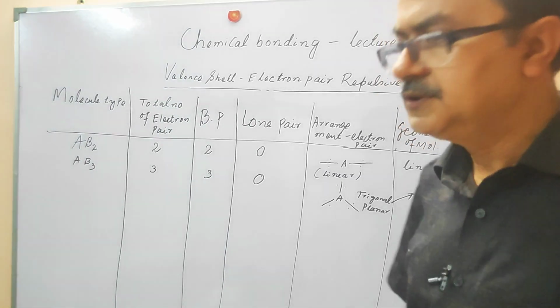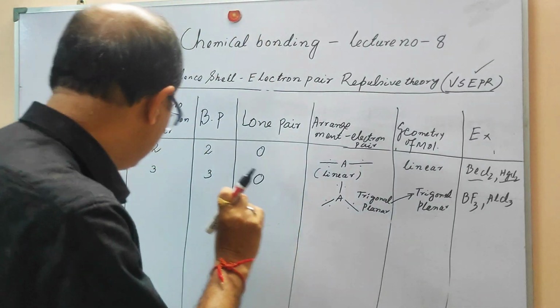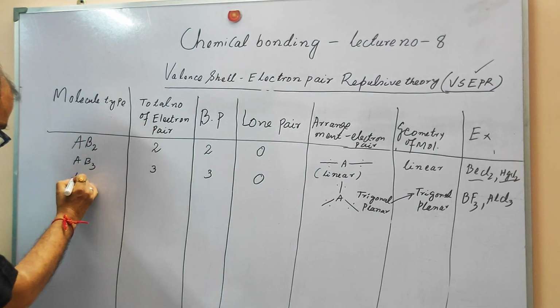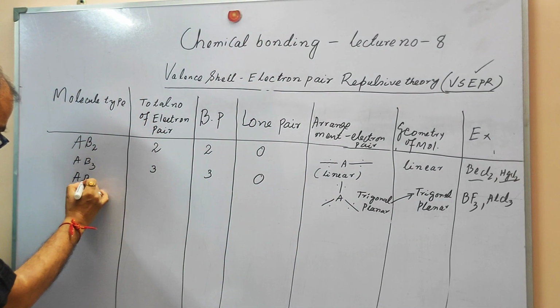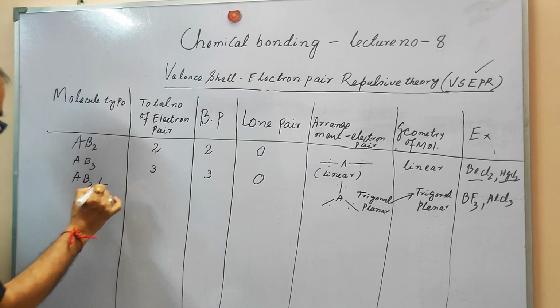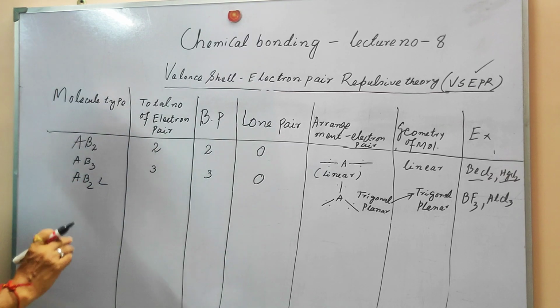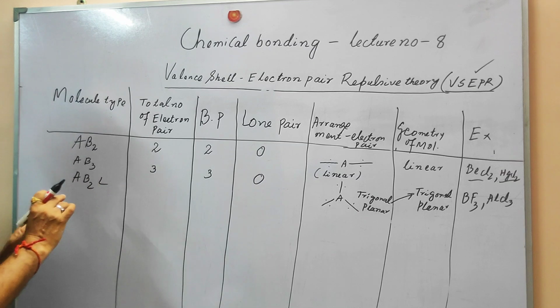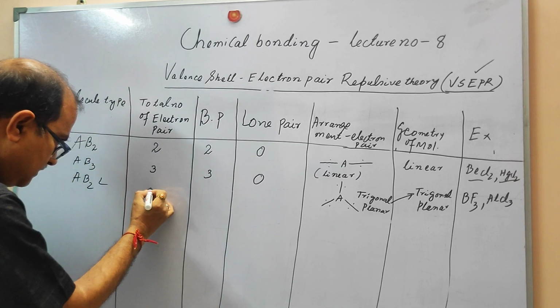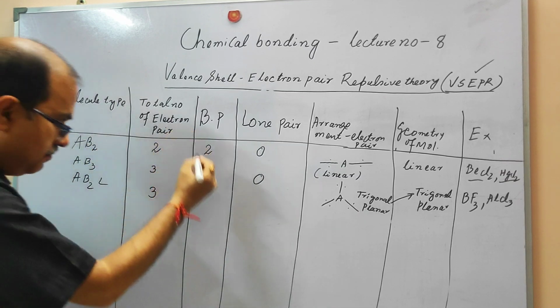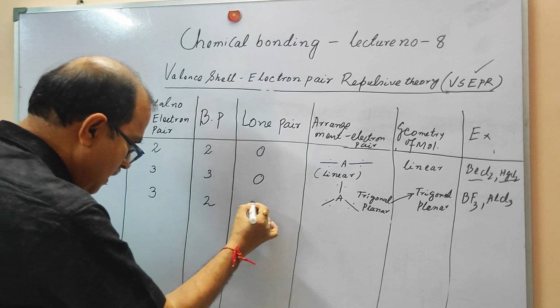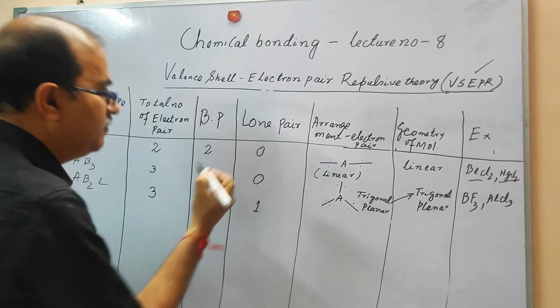Okay. Now we are going to another type. Suppose this molecule type is AB2L. L means in this molecule there is a lone pair. Apart from the bond pairs there is a lone pair, and the total electron pairs is 3, the bond pair is 2 and the lone pair is 1.